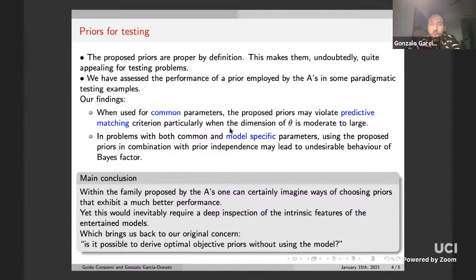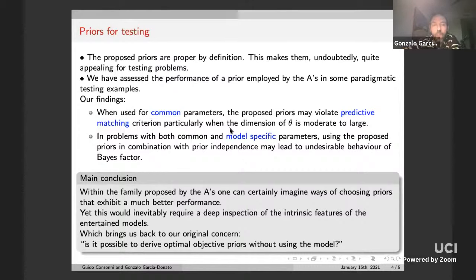So what we did was assess the performance of the prior used by the authors, one of the priors that goes on the real line from minus infinity to plus infinity. We used several paradigmatic simple examples in testing, and we were playing around with the criteria in this paper by Susie and some others, and with these ideas.